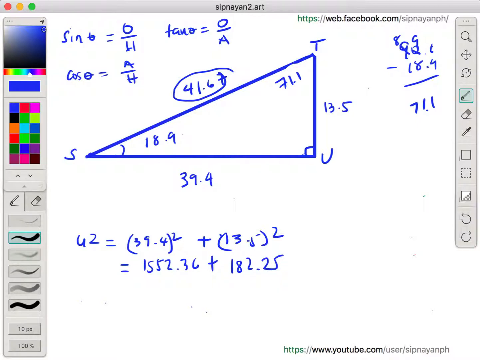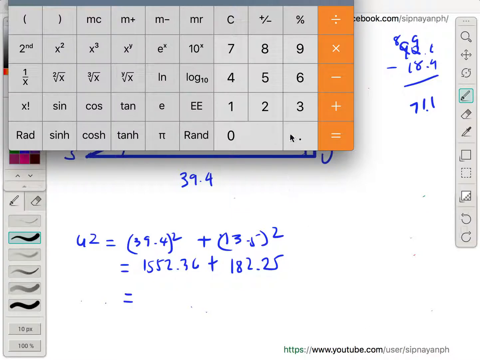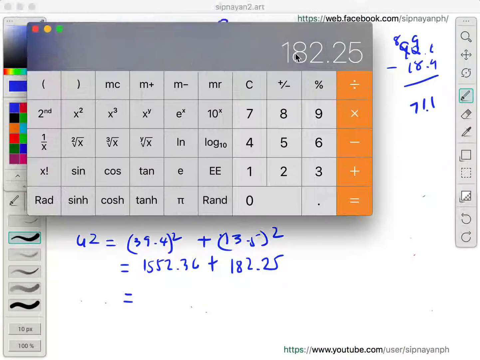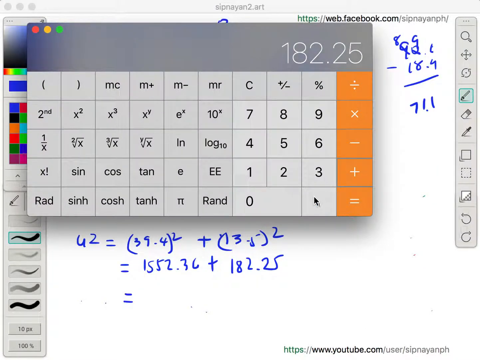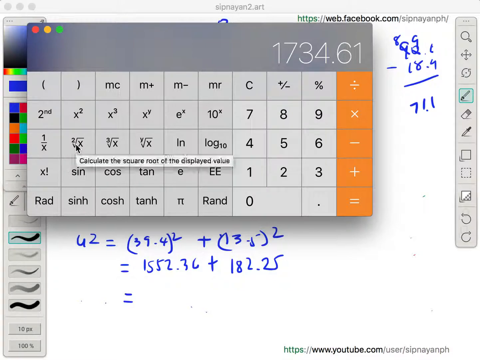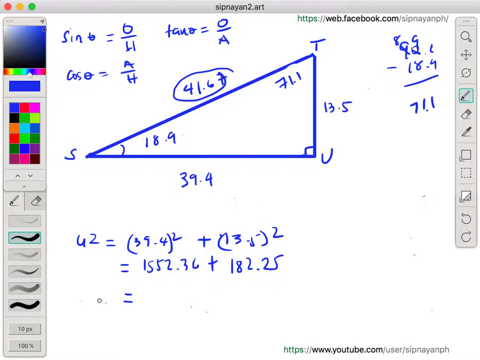And then we add natin itong dalawang to. So it becomes, may 182 na tayo dito, so plus 1552.36. So ito na yung u squared mo, 1734.61. U squared is 1734.61. Tama?